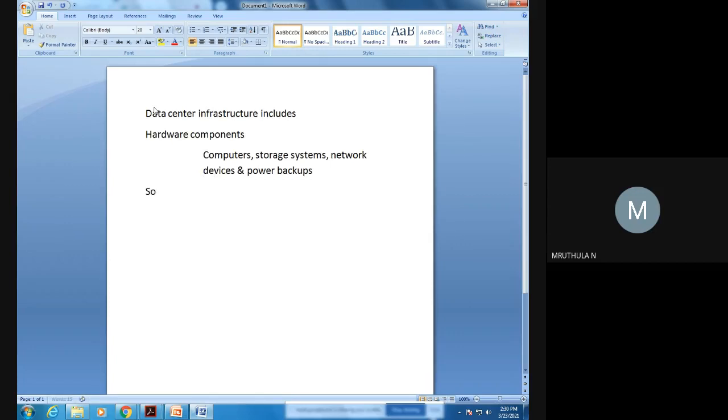It includes software components such as applications, operating systems, and management software.